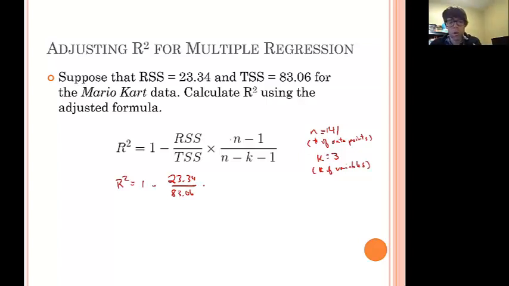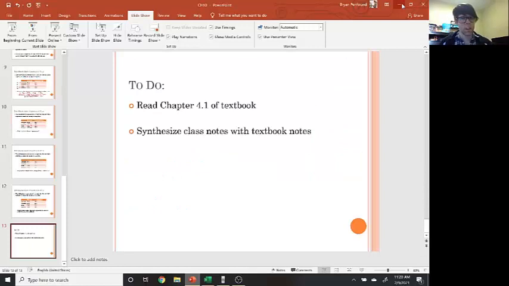So the fraction we need to multiply this RSS over TSS by is going to be 141 minus 1 over 141 minus 3 minus 1. So I believe that's going to be 140 over 137. So 141 minus 3 minus 1, yeah, 137. Okay, and the R-squared that I get after simplifying is about 0.7128.